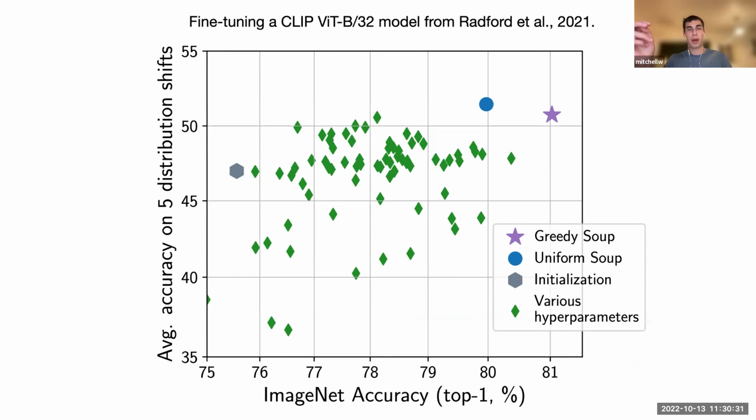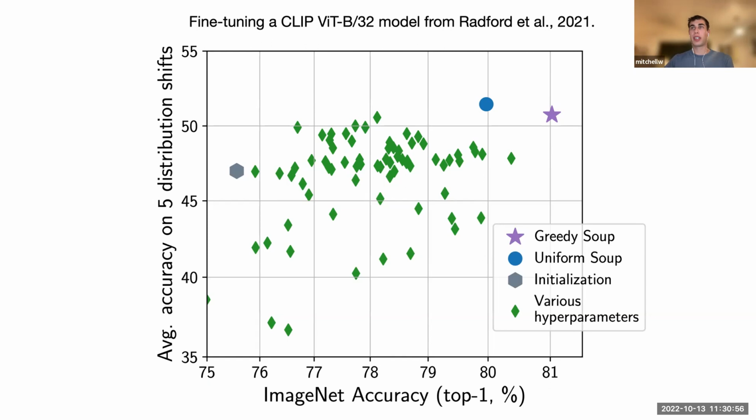We're going to do a hyperparameter sweep over learning rate, mixup, data augmentation, iterations, weight decay rate, lots of stuff, just a random hyperparameter sweep. And that's going to produce these 72 green diamonds. Each of these green diamonds is just one of the models in this hyperparameter sweep. So we fine-tuned it and then we put it on the plot.